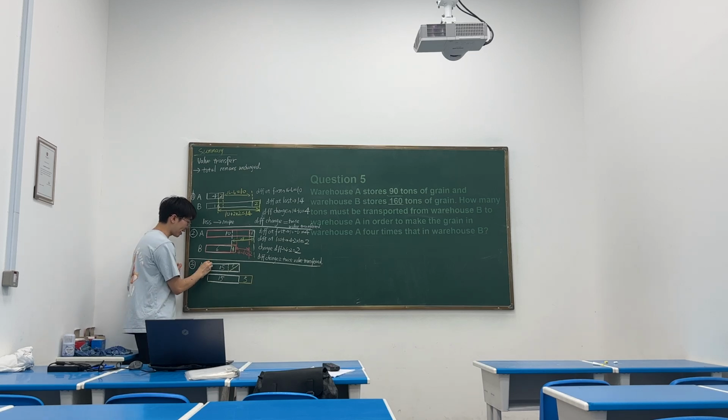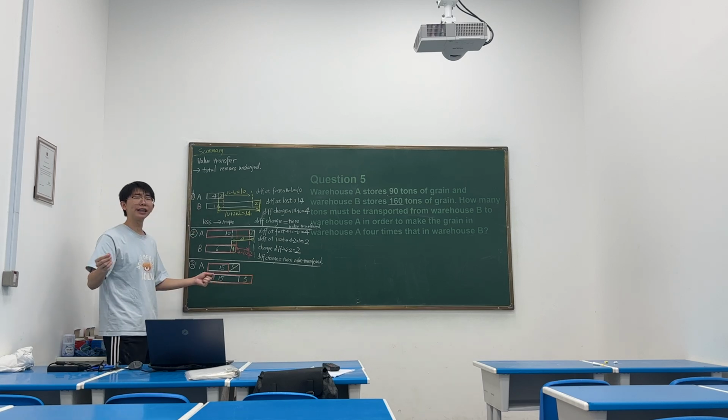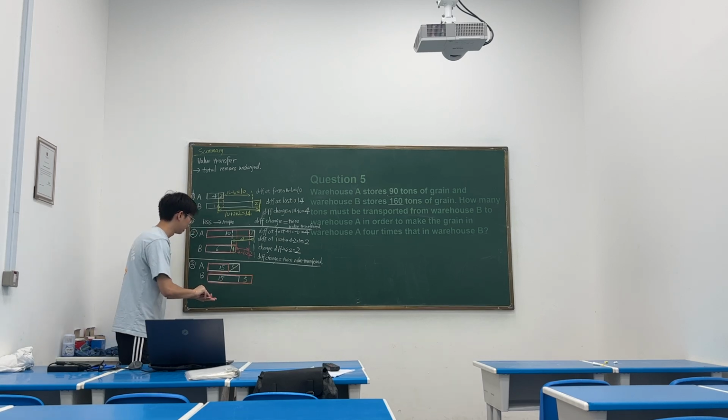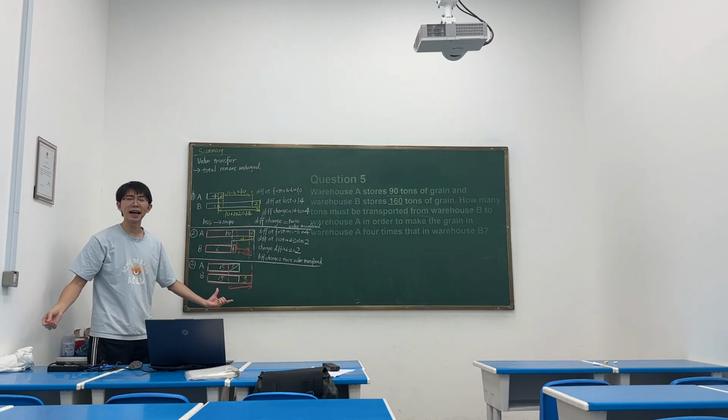Now, this is what A have. And this is what B have now. How do we find out the new difference? It's the length of this line. What's the length of this line?